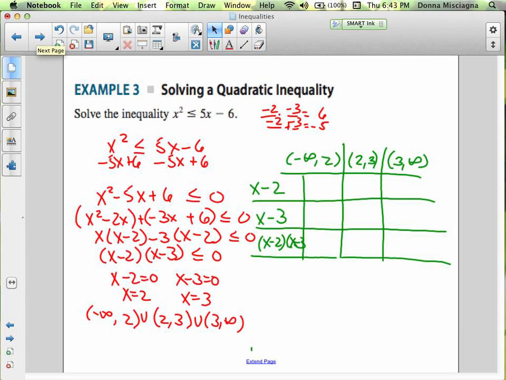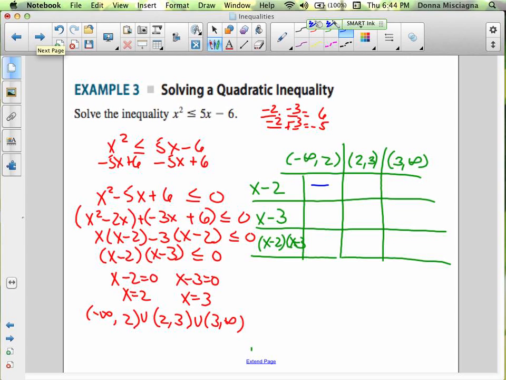So let's look at values from negative infinity up to 2 in the factor x minus 2. If I plug in 2, we'd get 0. But what if we plugged in values that were less than 2? We're not including 2. Plugging in values less than 2, like 1 or 0 or a negative number, all of those values are going to give us a negative.